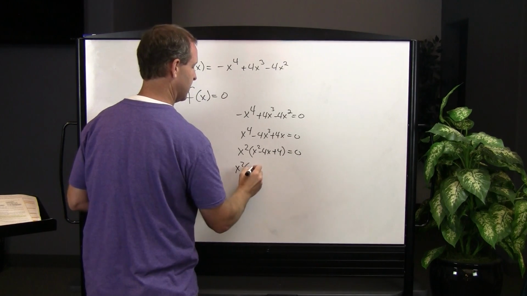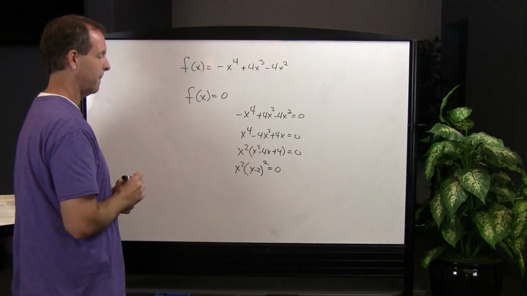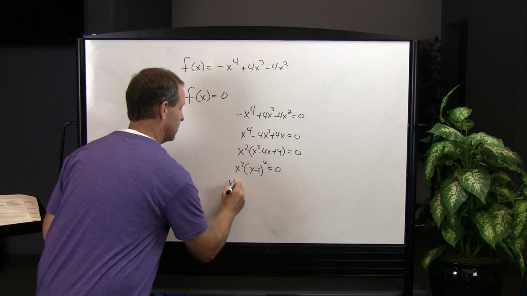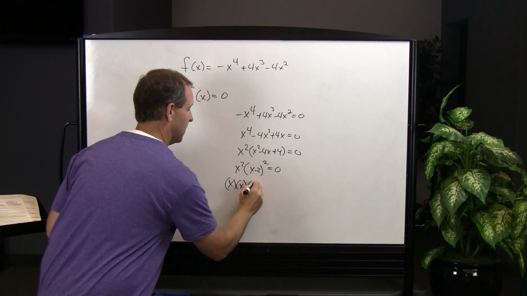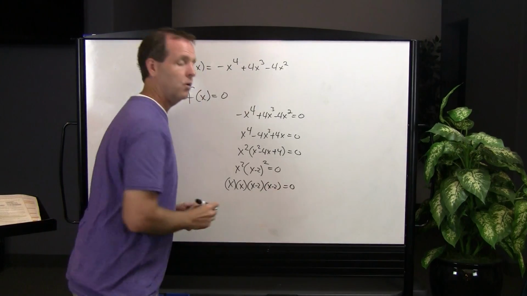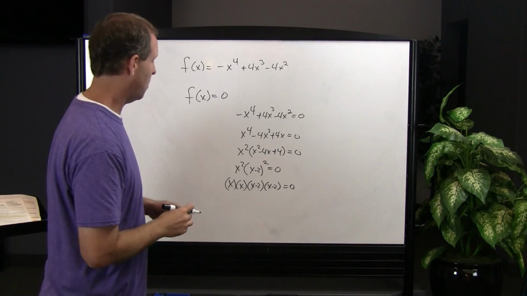This is x minus 2 squared equals 0. And if I look at that, this is really an x times an x times an x minus 2 times an x minus 2 equals 0. And so from that, I can determine where its zeros are at.